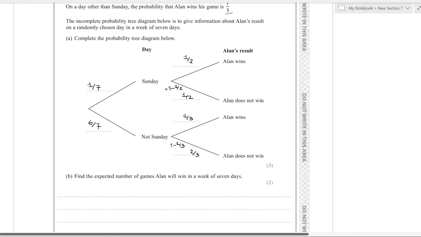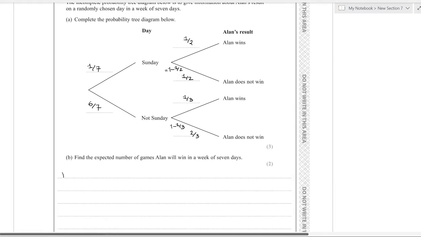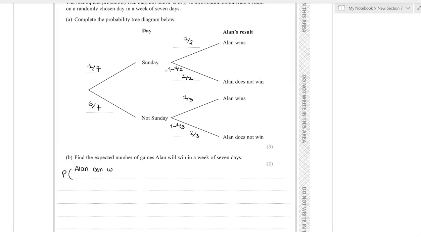So the two conditions are Alan can win on Sunday and Alan can win on not Sundays. That means he can win in both situations, on Sunday and on other days.